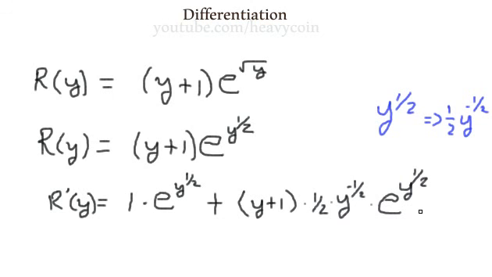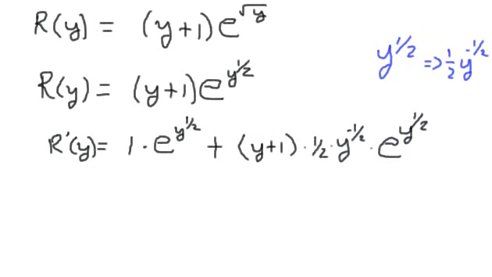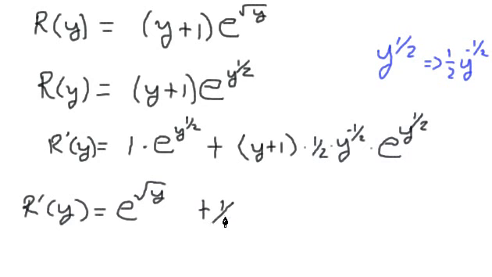Now let's try to clean this up a little bit. So we have r prime of y is equal to e, and I'm going to put this back into radical form. Plus, I'm going to take this half and bring it out front of everything here.